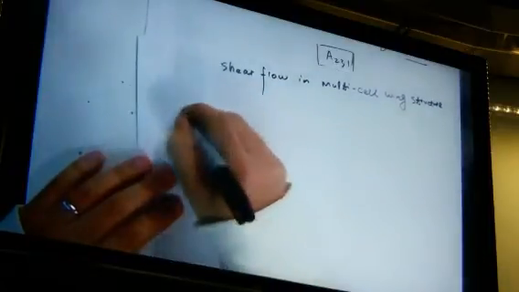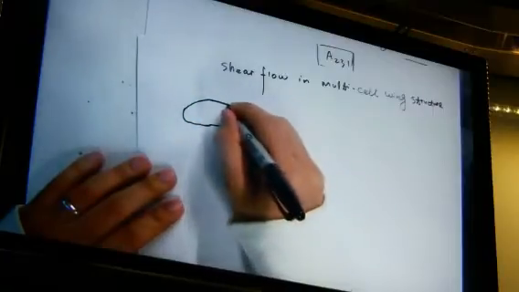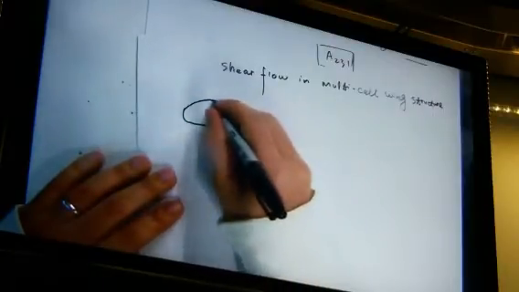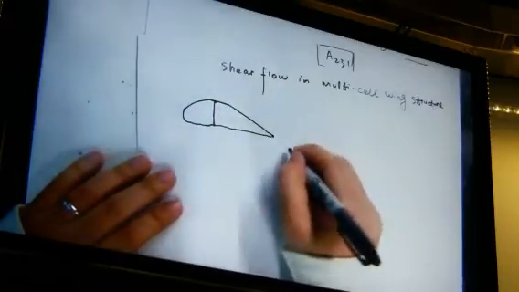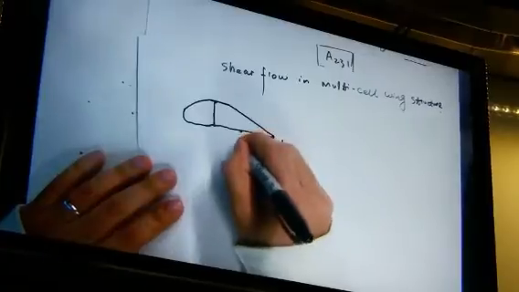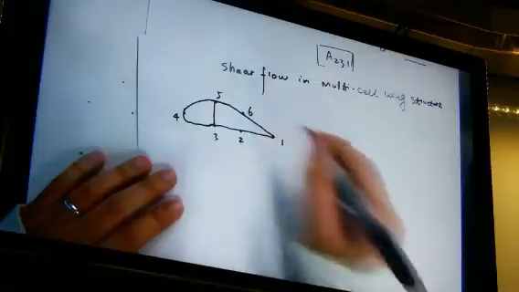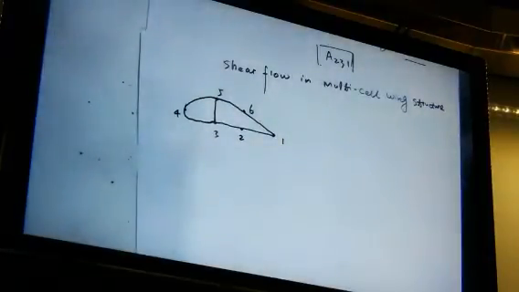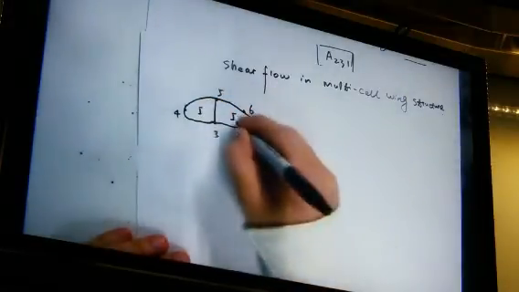So that means something like this. 1, 2, 3, 4, 5, 6. If this is the wing cross section, most likely this will be the wing cross section, right? In reality, this is the most possible, right? So you will have 2 closed cells.